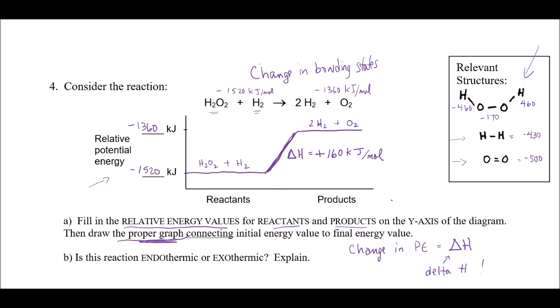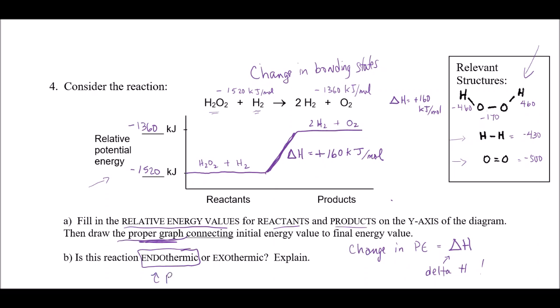So this is a very important part of this reaction. You'll often see the delta H written as part of the equation, but the graph is the best way to symbolize what it really means. The products are higher in energy than the reactants. When that happens, the word that describes this is endothermic.